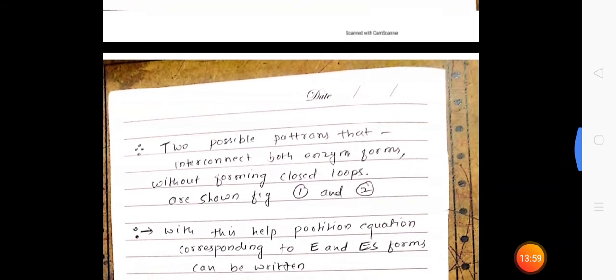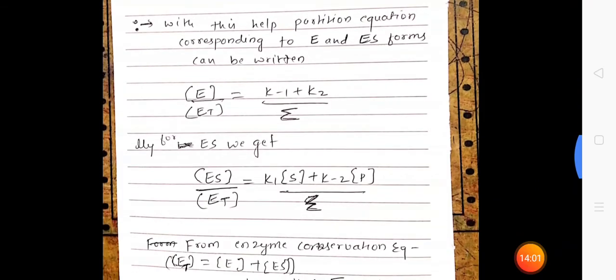I will continue with the two possible patterns. With the help of this partition equation corresponding to the enzyme and enzyme substrate forms, we can write E divided by total enzyme concentration is equal to k minus 1 plus k2 divided by the sum of all numerators and denominators.